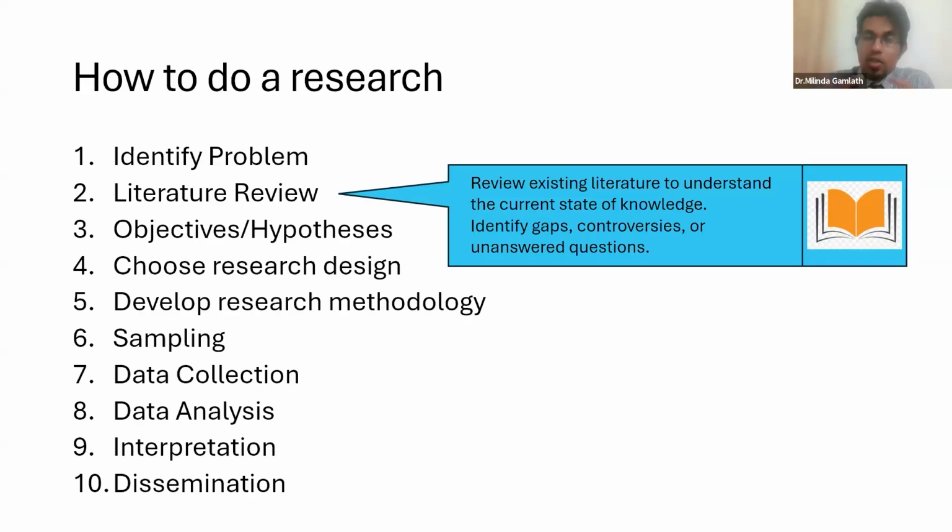What is expected is for you to refine, identify and confirm that there are gaps. Sometimes there might have been researches done in other places regarding this topic where you might not know of it, but once you do the literature review, once you go through those databases, you will find that other people have done research on this.